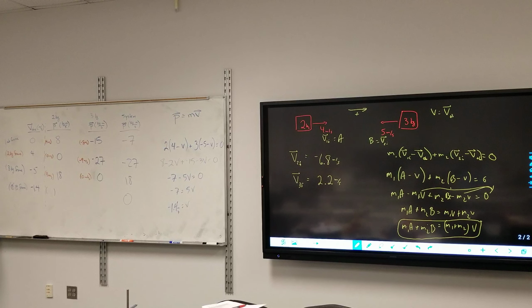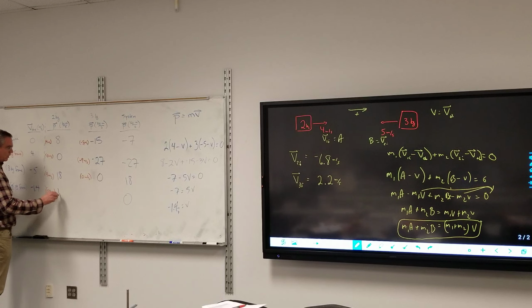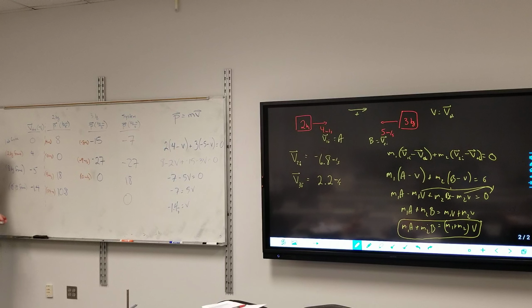So what is the momentum? 10.8 kilogram meters per second. Yes, 10.8. And what is the velocity of the 3 kilogram mass in this reference frame?